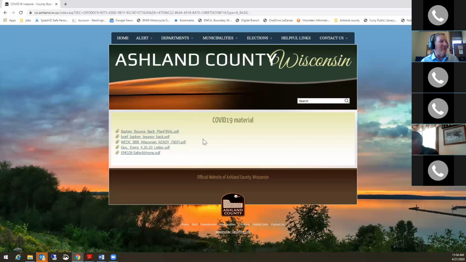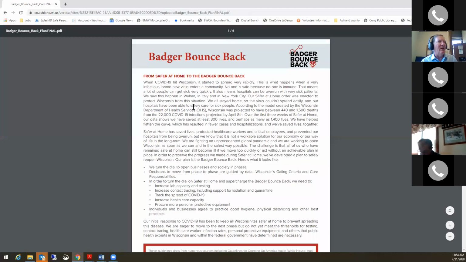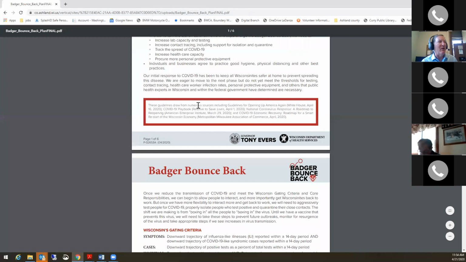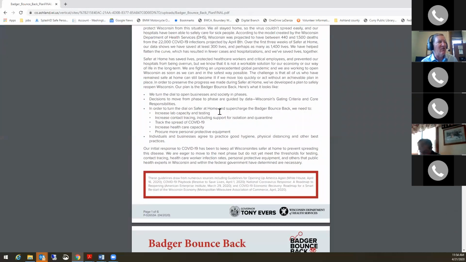There is, on your document here, Badger Bounce Back. So these are things that the governor has put out, and they're basically talking about what are the metrics that you're going to need in order to do that.